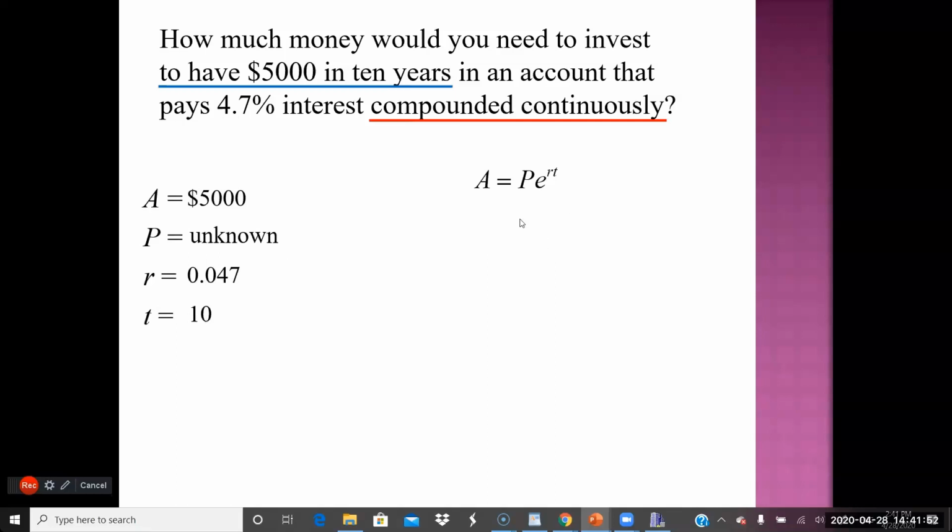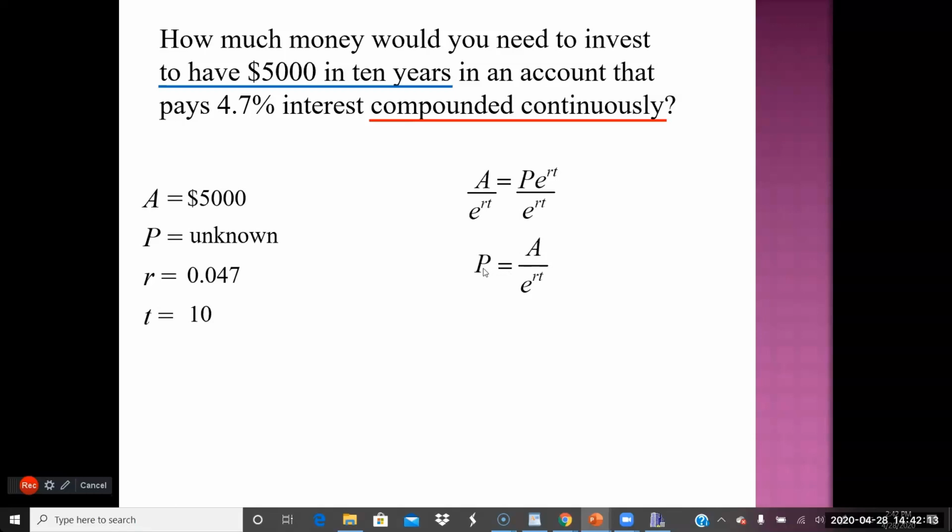So let's go ahead and divide both sides by e^(rt). That reduces e^(rt) over e^(rt) to 1, and P times 1 is just P. So you'll have P equals, and we're just flipping the sides, putting the P on the left and the other part on the right.